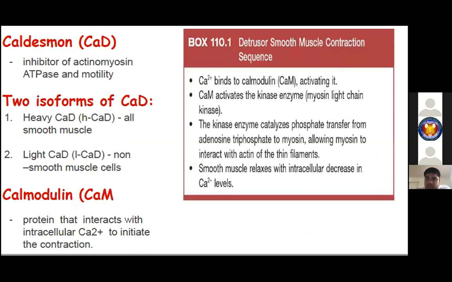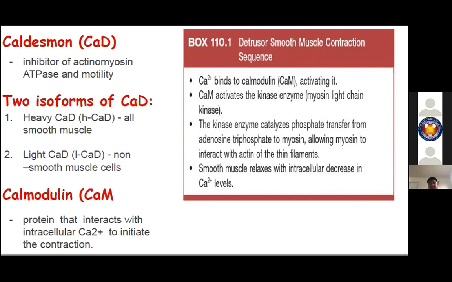Caldesmon is an inhibitor of actomyosin ATPase and motility, and actin binding and caldesmon inhibition are greatly enhanced in the presence of tropomyosin. The two isoforms of caldesmon are heavy caldesmon, which is associated with all smooth muscle, and the light caldesmon, which is associated with non-smooth muscle cells.